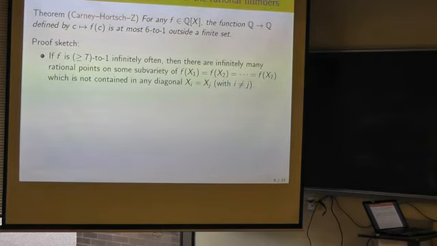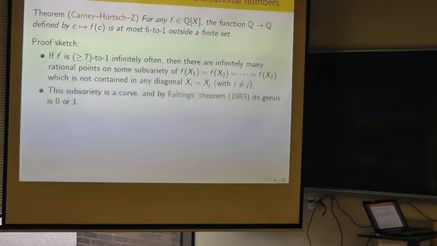Infinitely many of these solutions must lie on some component. And our hypothesis of being 7 to 1 says there's some component that isn't contained in one of these diagonals. So you get 7 essentially different values, and it's only 7 to 1, not less. So there's some component of the subvariety which isn't in a diagonal and which has infinitely many rational points. And it's easy to check that the subvariety is a curve, and so Faltings' theorem tells us that its genus is 0 or 1.